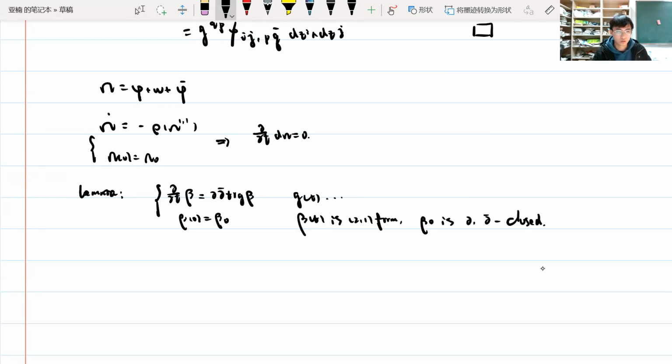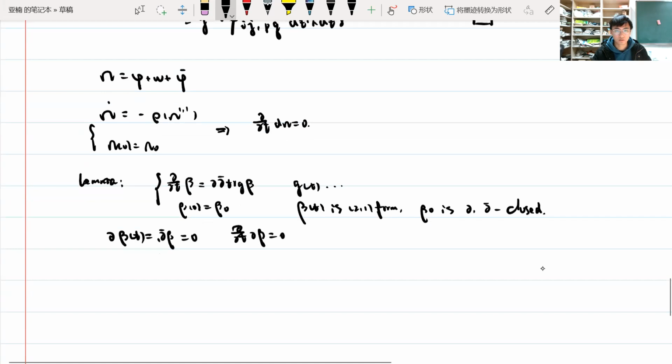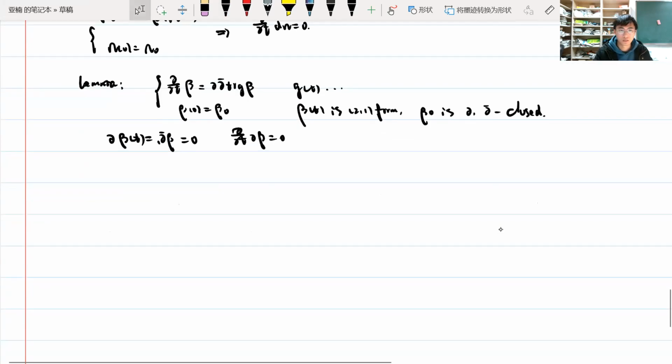Then if the solution exists, it is d and d bar closed, or it satisfies this equation. And the lemma says this equation is also parabolic.